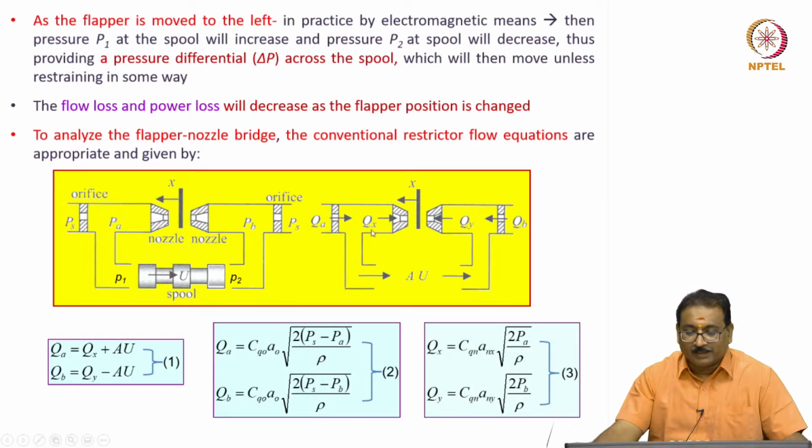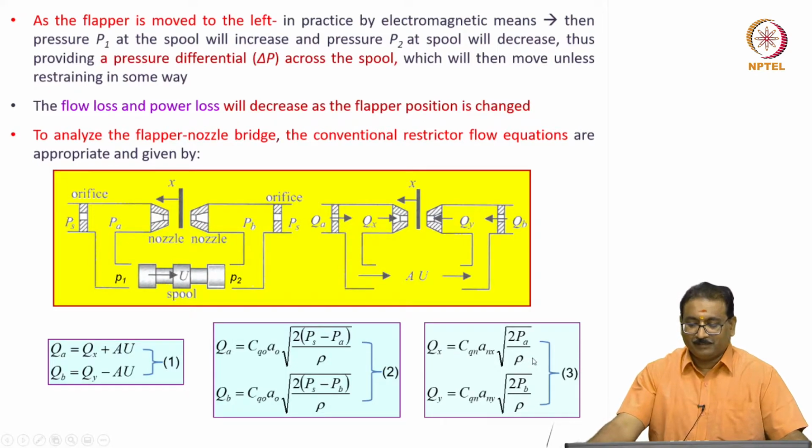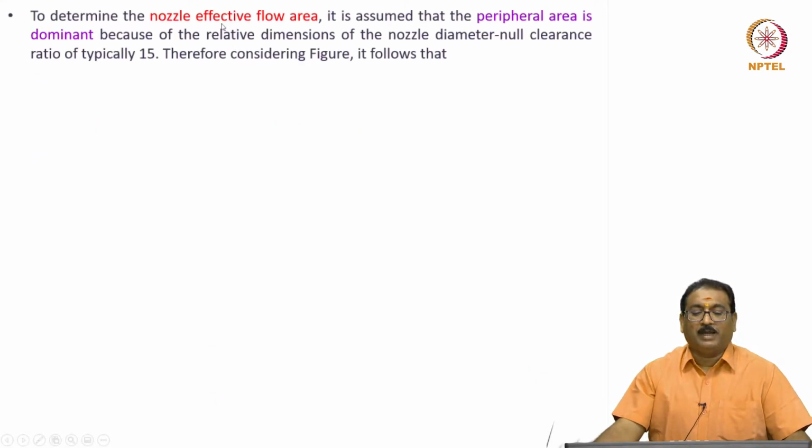Similarly, how will we calculate the QX and QY here? Cdn is the coefficient at the nozzle, and Cd0 is the coefficient at the orifice. ANX, ANY, root of 2 PA divided by rho, or 2 PB by rho, same way. Now, friends, to determine the nozzle effective flow area, it is assumed that the peripheral area is dominant because of the relative dimensions of the nozzle diameter, with a null clearance ratio of typically 15.